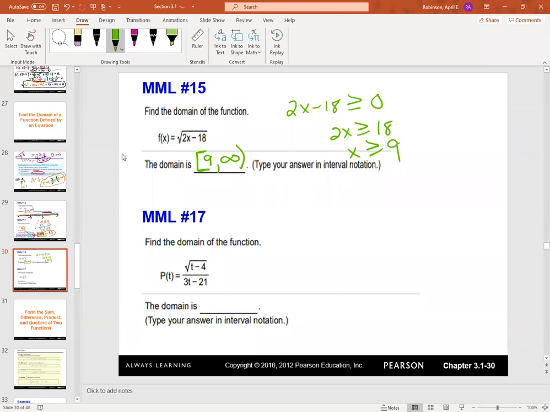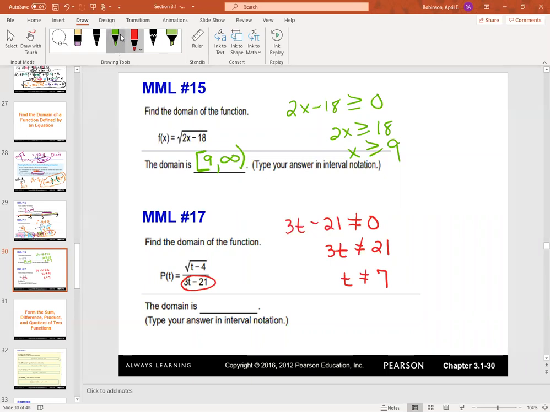So I have to do both of these separately. I'm going to start with the bottom here. The denominator is not allowed to equal 0. So if I add 21 and divide by 3, oh, that's right. 21 divided by 3, that's 7. Okay. First of all, t is not allowed to be a 7.